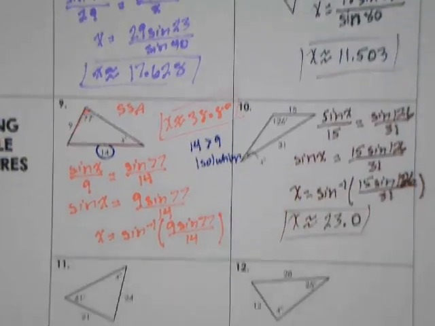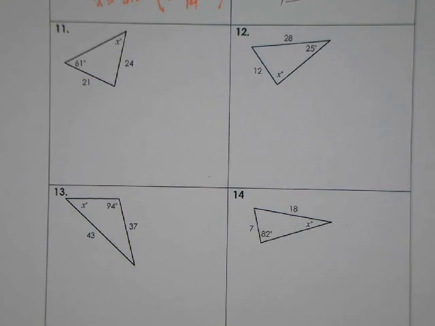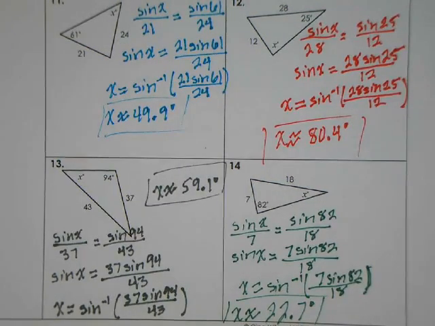So here are the last four examples of trying to find the measurement of an angle. Go ahead and try answering these, work them out on your own, and then when you're ready, hit play and check your work with mine. And here you go. Hopefully your answers and my answers are comparable.